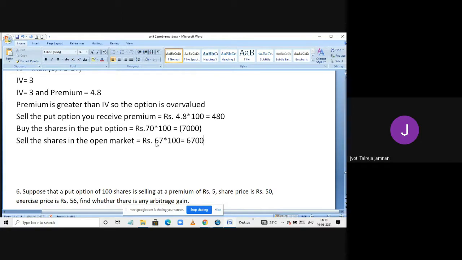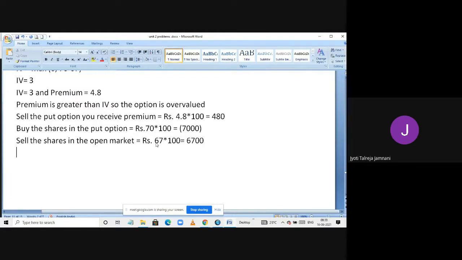So you have received 480 premium and 6,700 by selling the shares, and you have to pay 7,000 to buy the shares first. In the option you need to buy the shares, and then those shares you can sell it in the open market.